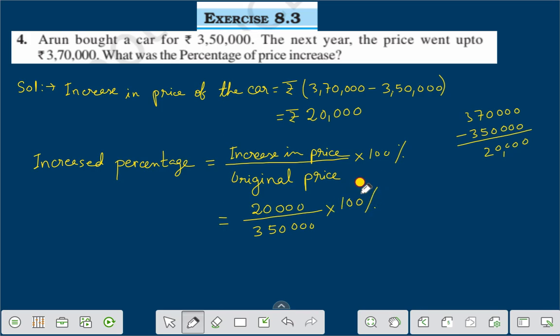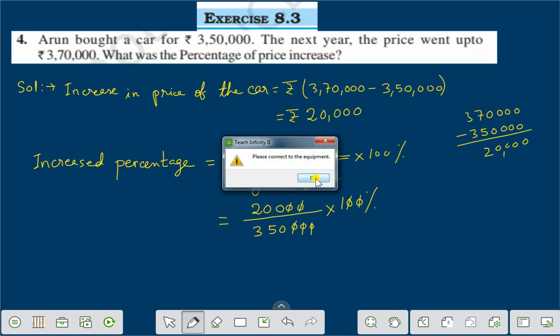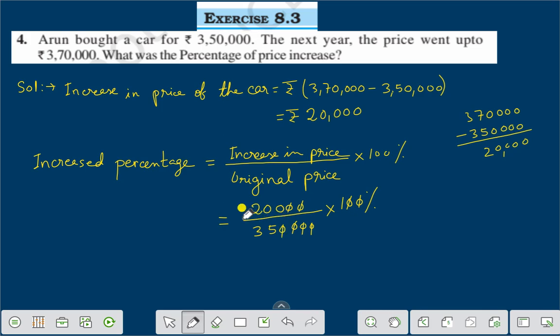Now if you cut this 0 with this 0 and this 0 with this 0, this 0 will also be cut and this 0 will also be cut, right. Now it is 200 by 35. Now if we divide this by 5, we are getting 5 7 is 35 and 5 4 is 20, that is 40 by 7.